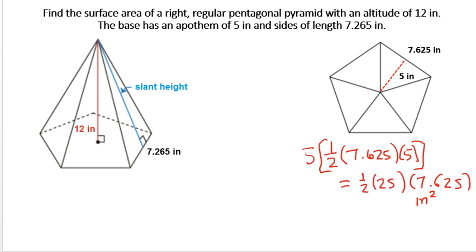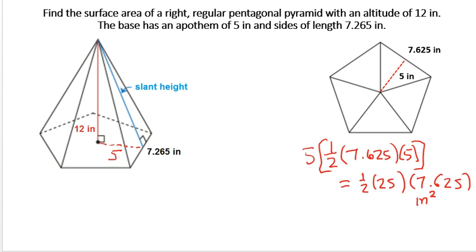Now, for the lateral surface area, which is the area of each of these triangles, I need the slant height. The way you get the slant height is you draw this triangle. The altitude is 12, and the apothem is 5. So I'm going to use the Pythagorean theorem.